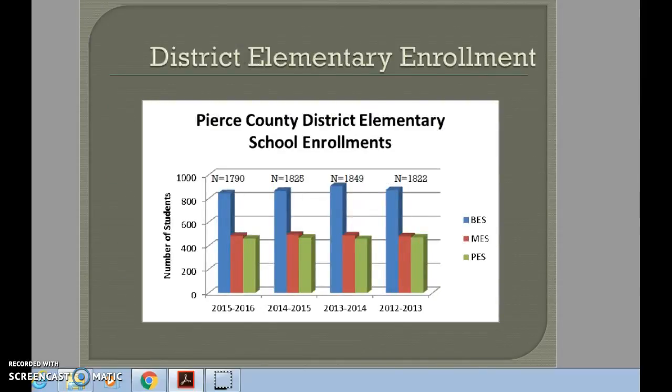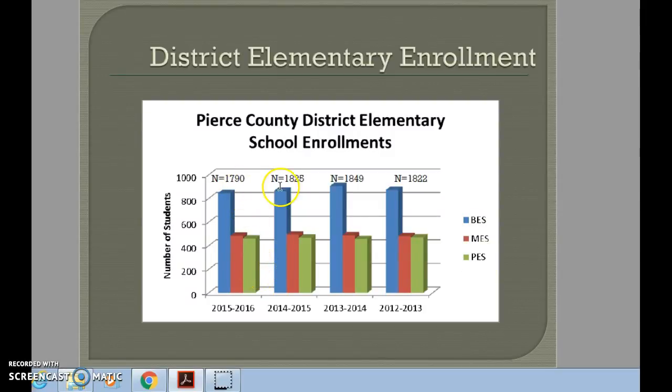First, we're going to be taking a look at our school's enrollment. We're looking at our elementary schools for our district. Our school, BES, is in the blue. Another school, MES, is shown in the red, and our third elementary school in our district is shown in the green, that is PES.